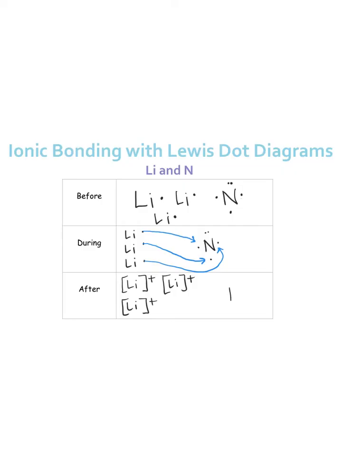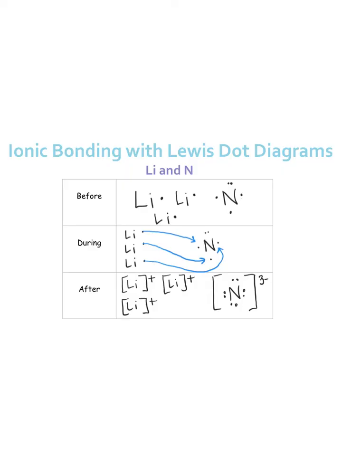And I'm going to show nitrogen now, and this nitrogen, now anion, has achieved an octet of electrons, so I'm going to show the 8 valence electrons that it has. I'm going to put nitrogen in a bracket and show that nitrogen now has a negative 3 charge because it has acquired 3 additional valence electrons.